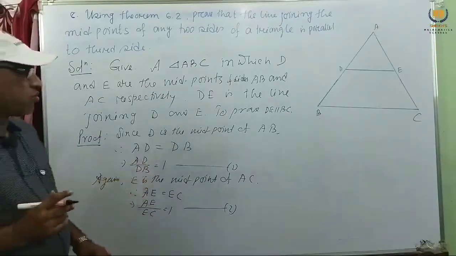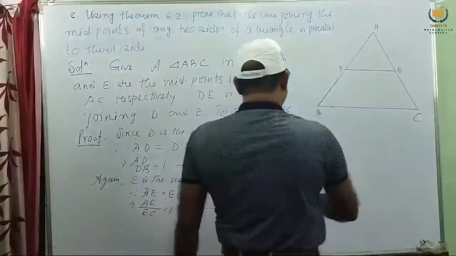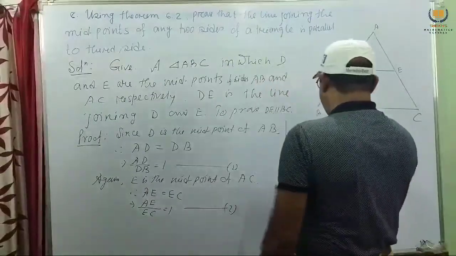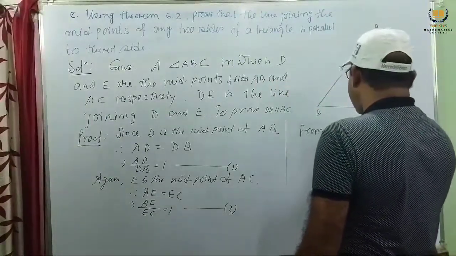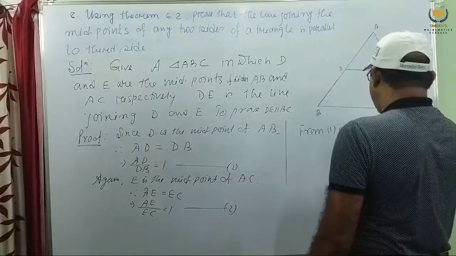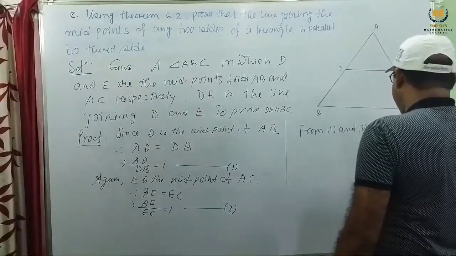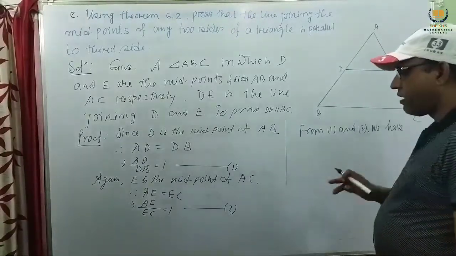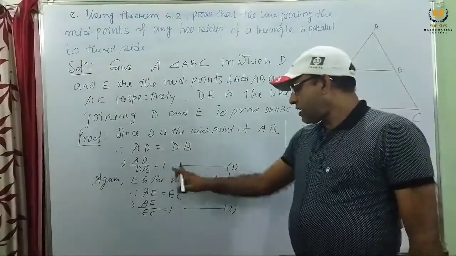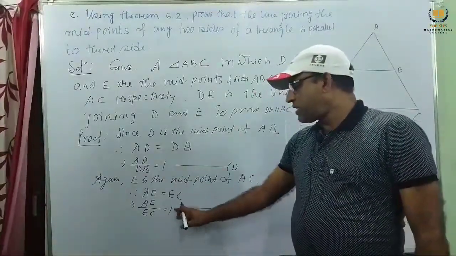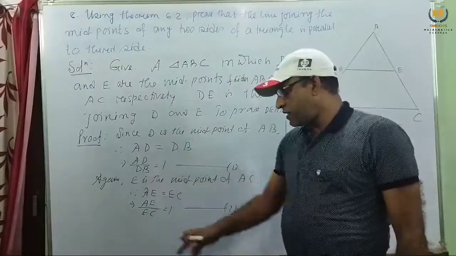From 1 and 2 we have this equal to 1, this equal to 1. That means right hand side equal means left hand side also equal.